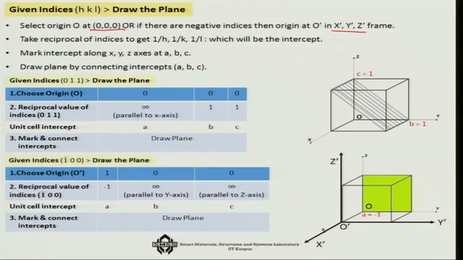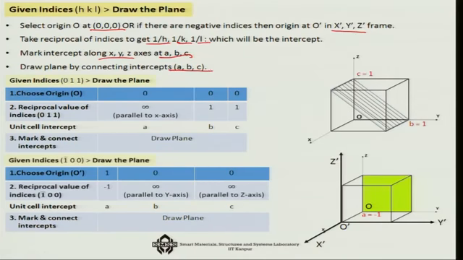Now, take the reciprocal of the indices and that will give you the intercepts. Suppose h k l are the indices, then 1 by h, 1 by k, 1 by l will give you the intercepts. Mark the intercepts along the x, y, z axes and then draw the plane by connecting these intercepts.